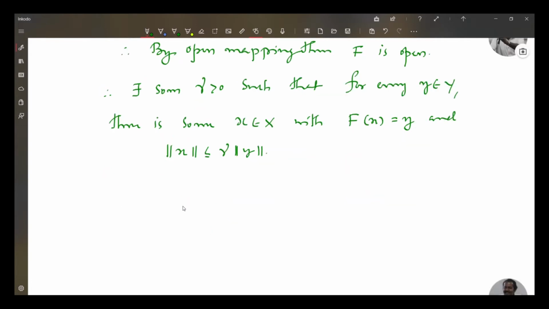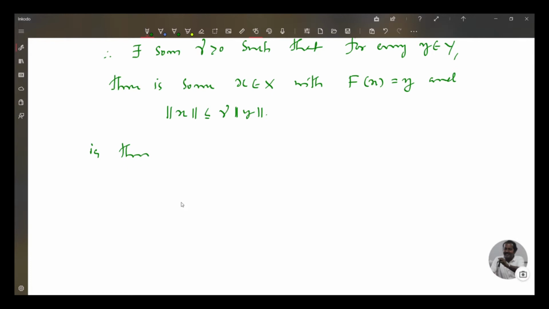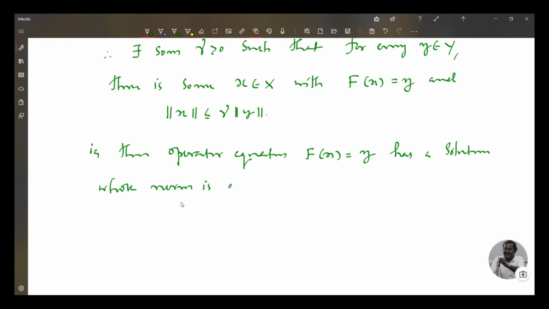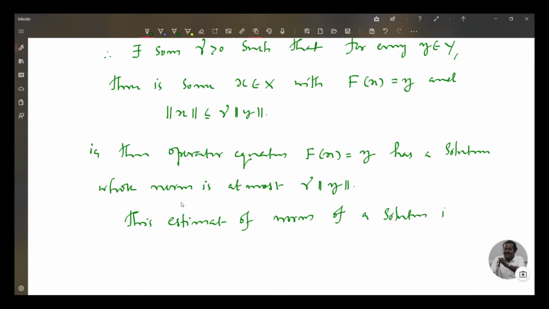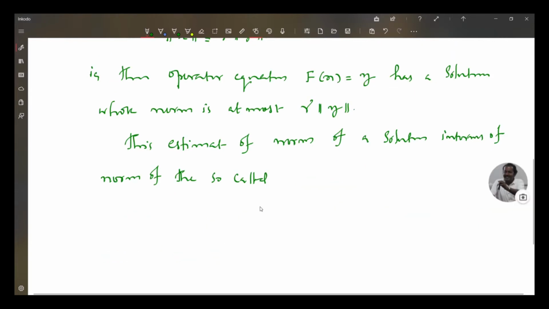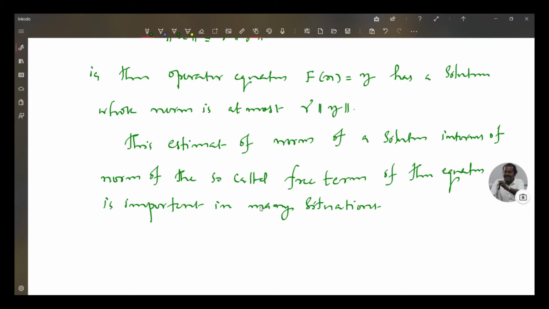That is, the operator equation f(x) = y has a solution whose norm is at most gamma times norm y. So this estimate of the norm of a solution in terms of the norm of the so-called free term of the equation is important in many situations. So this is one of the applications of the open mapping theorem.